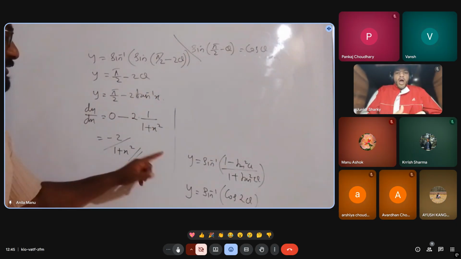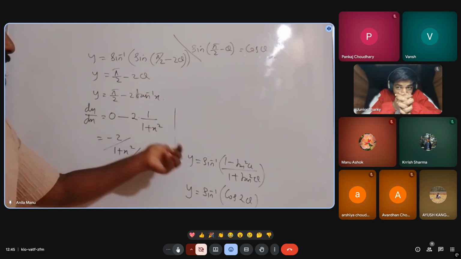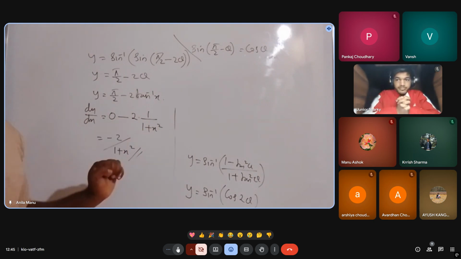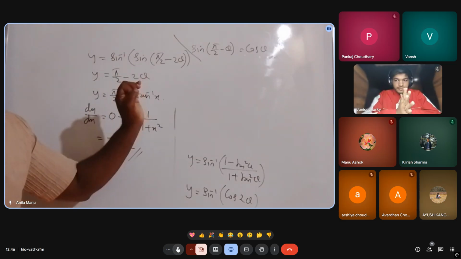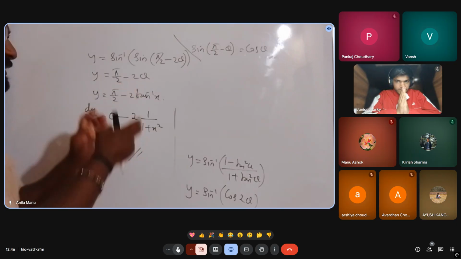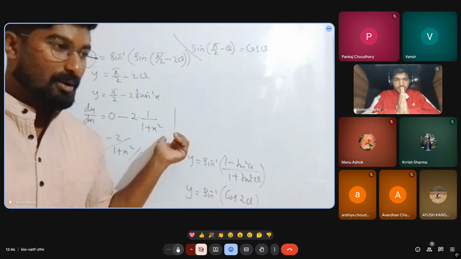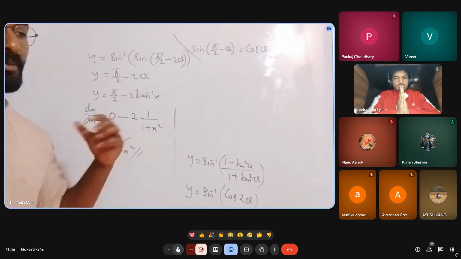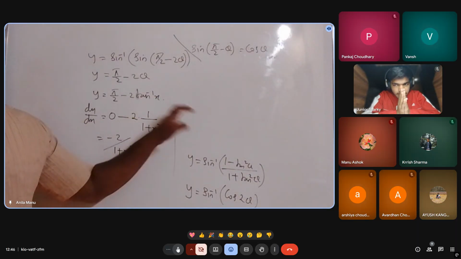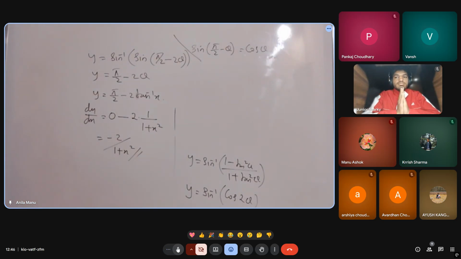If restriction is not given, you can write either in terms of sine inverse of x or cos inverse of x. But if restriction is given, you have to check which value satisfies that particular restriction. Got it? Is it clear? Otherwise both solutions are possible. But in most of the questions, they will give restrictions. In test 2 questions also, restrictions are there.